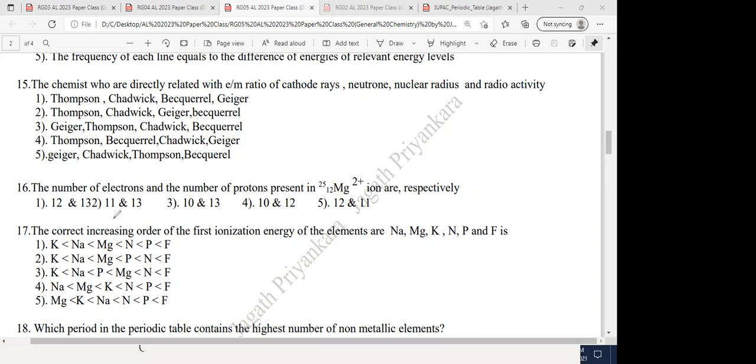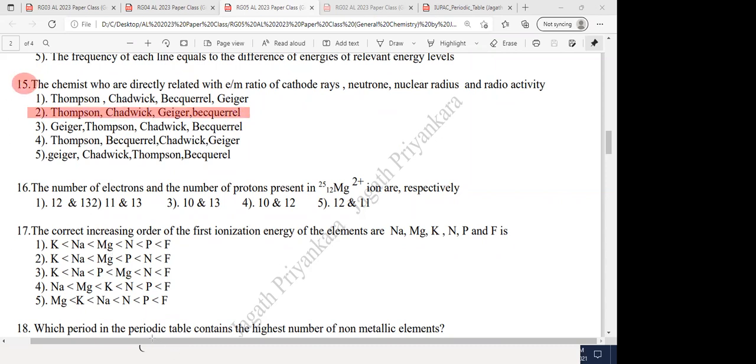The e/m ratio, Thomson; neutron, Chadwick; and nuclear radius, Geiger and Marsden. So the answer is second, not first. That is directly recalling previous knowledge, with no calculation, no analysis, no evaluation. In the A-level paper, the first MCQ can be a similar question like this.